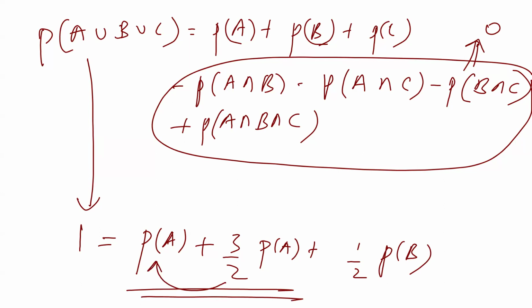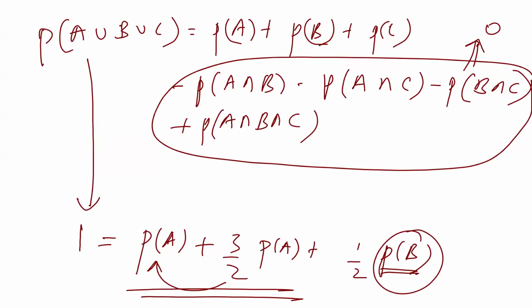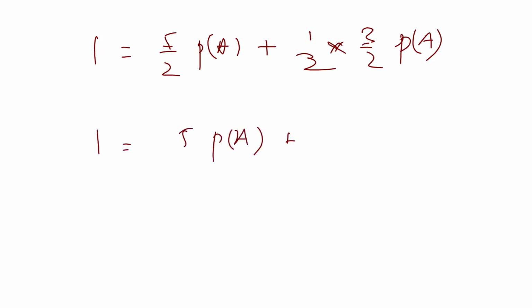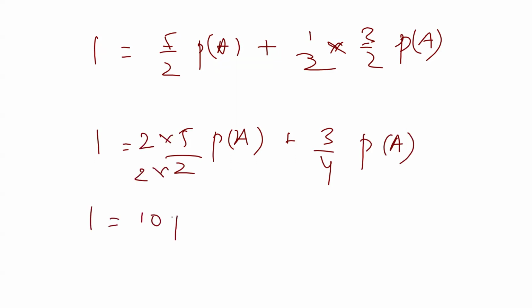So twice P of A plus thrice P of A is equal to 5 by 2 P of A. 1 is equal to 5 by 2 P of A plus half into P of B. P of B is 3 by 2 P of A. So 5 P of A by 2 plus 3 by 4 P of A. Take LCM, 10 P of A plus 3 P of A upon 4.